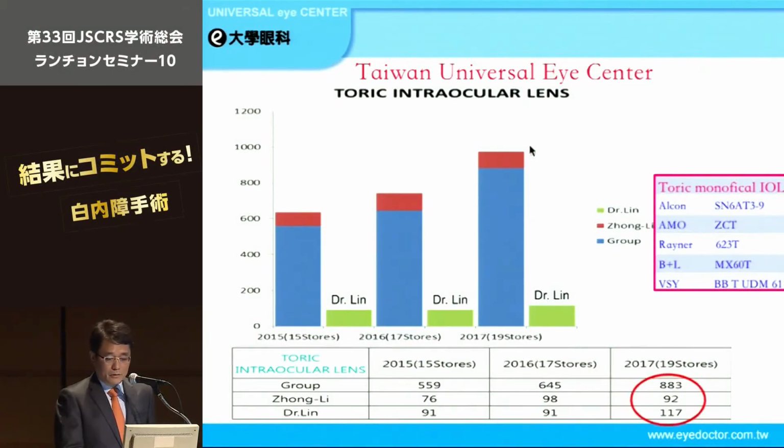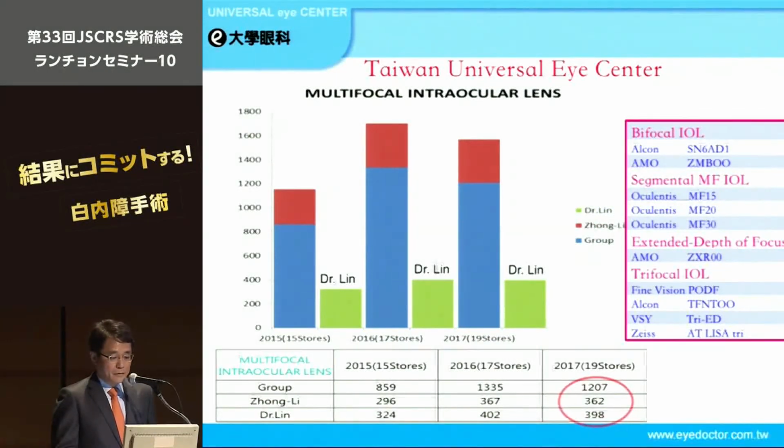Toric IOL, we use Alcon T3 to T9, AMO, Rayner, Bausch and Lomb, and VSY. Multifocal IOL, we use a lot of multifocal IOL, including bifocal IOL, where we use Alcon and AMO. Segmental IOL, we use MF15, MF20, and MF30.